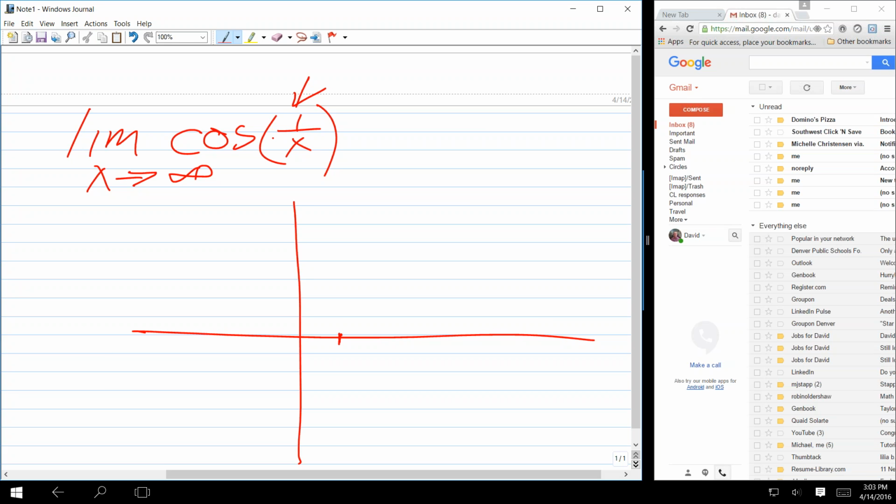And what's the cosine of 0? 1. In other words, the cosine curve looks like this. So if the argument is going to 0, then the cosine is going to 1. Now, if they wanted you to use graphs, then let's graph this thing also.